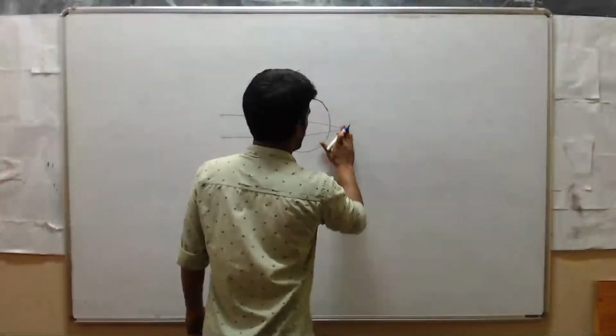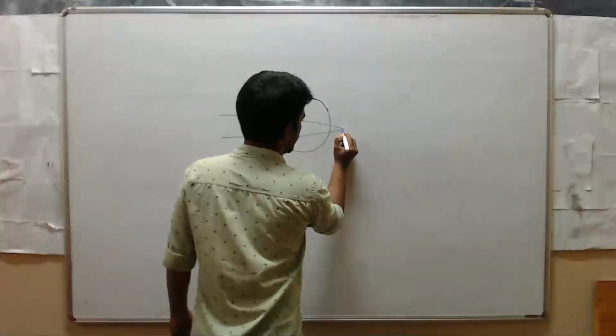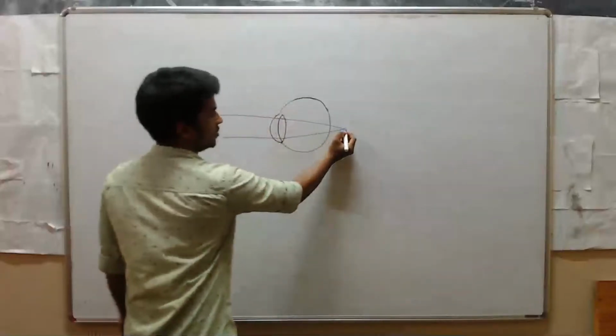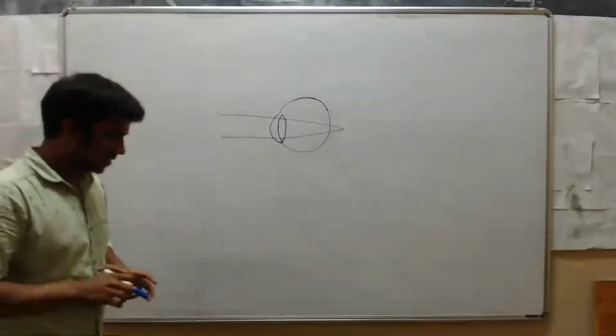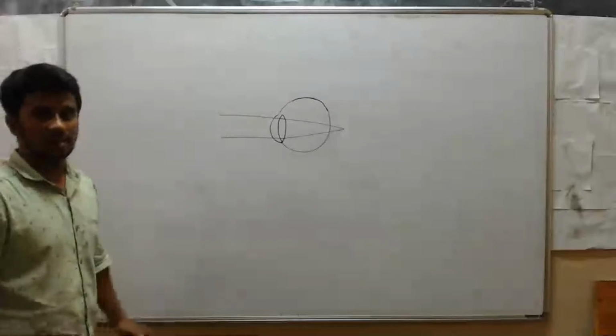The rays converge behind the retina. So that's why they can't see near objects clearly, but they can see far objects clearly.